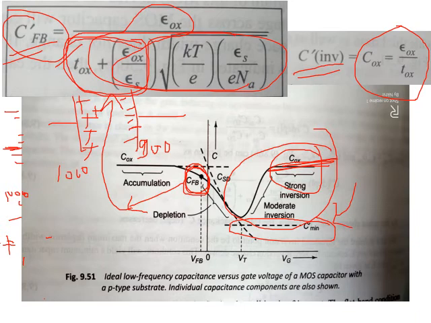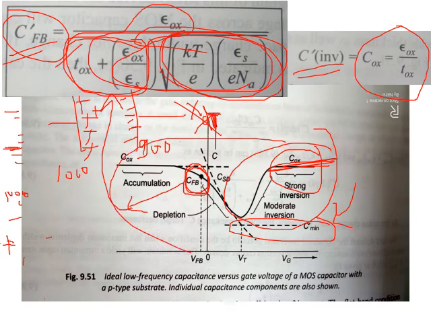But here, instead of this entire term, in C minimum we have something called xdt, which is the thickness of the depletion width, the width of the depletion region. But for flat band we don't have this xdt; instead we have this.